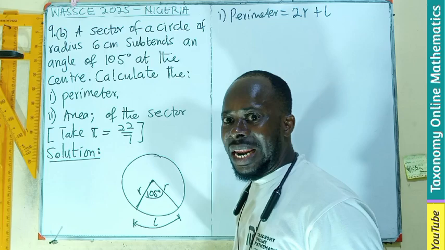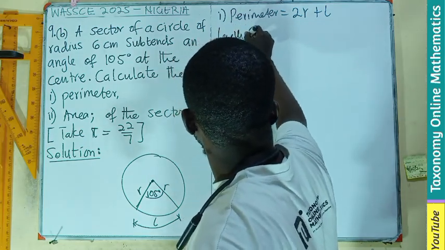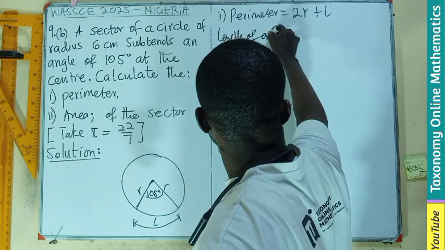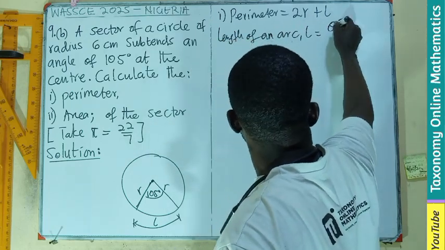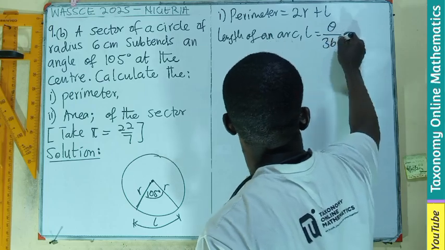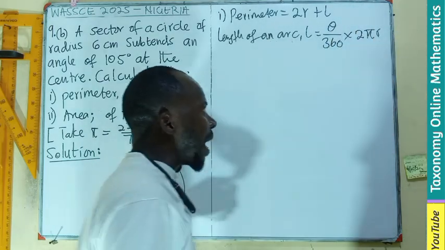But how do you find the length of an arc? Remember, the length of an arc, which is the L, is the angle subtended at the center divided by 360 times the circumference, which is 2 pi r.